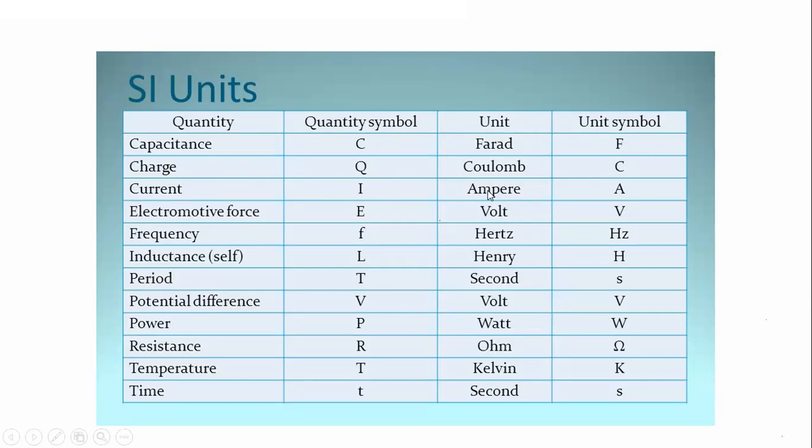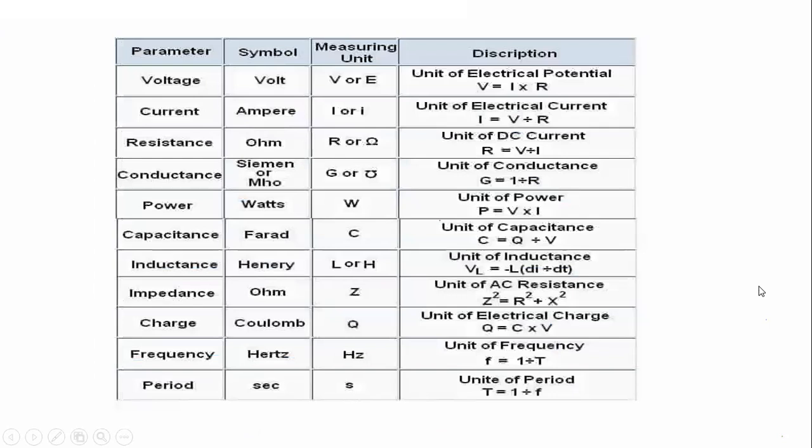Current I, ampere A. Electromotive force represented by E, measured in volts represented by V. Frequency denoted by small f, measured in hertz represented by Hz. Inductance, henry; period, second; potential difference, voltage; power, watt; resistance, ohm; temperature, kelvin; and time in seconds. We will see all these measurable quantities at different times.